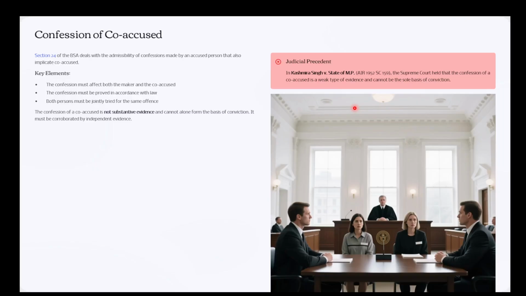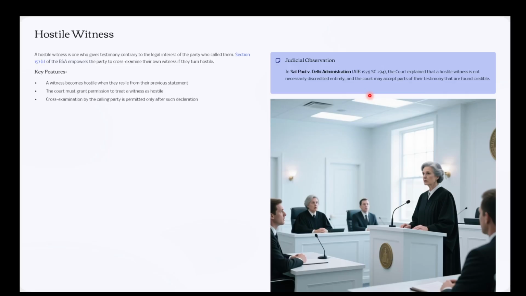Here, the judicial precedent is Kashmira Singh versus State of Madhya Pradesh, where the Supreme Court held that the confession of a co-accused is a weak type of evidence and cannot be the sole basis of conviction.